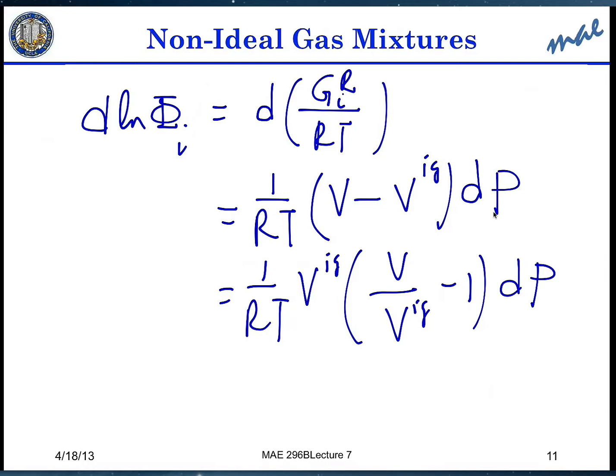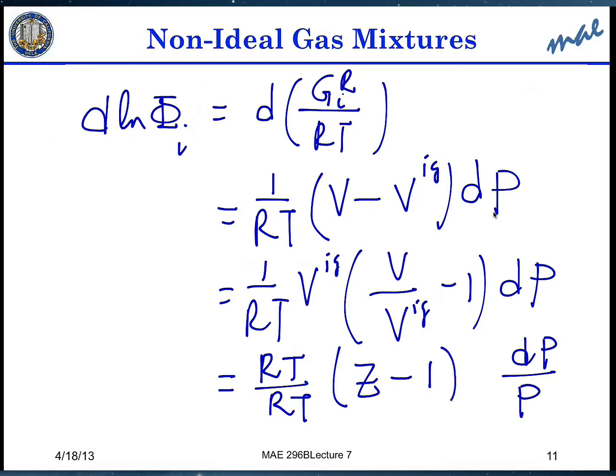And the V ideal gas is RT over P. So that gives me RT over RT, and I get dP here, and then the P down here from the ideal gas. And then I have V over V ideal gas minus 1. This is basically the function Z minus 1.